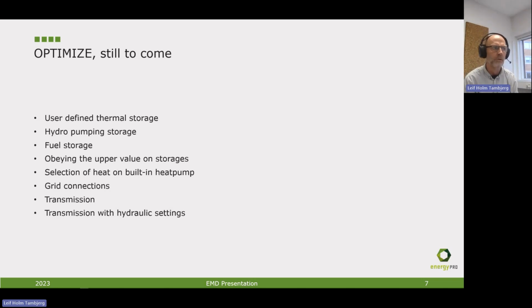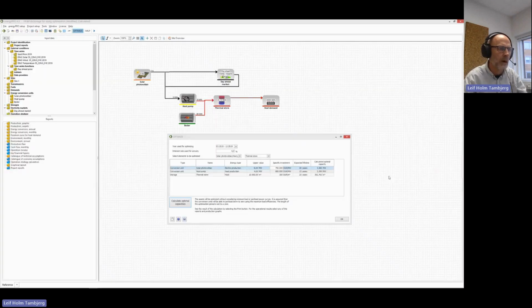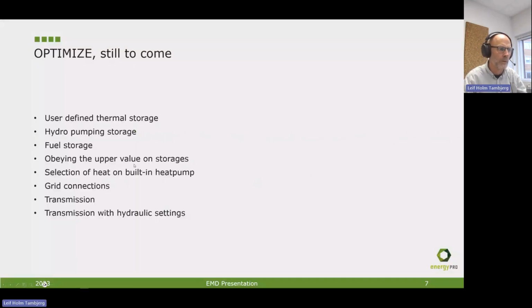The user-defined thermal storage is not included. You can only have the one where you have the cubic meters and the temperature differences. Also, hydro pumping storage has not been included, nor fuel storages. And another thing, as you noticed, you specify the upper value on the storage here, but that upper value is at the moment not really taken into consideration.